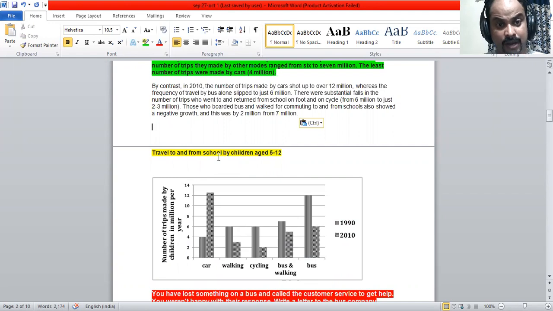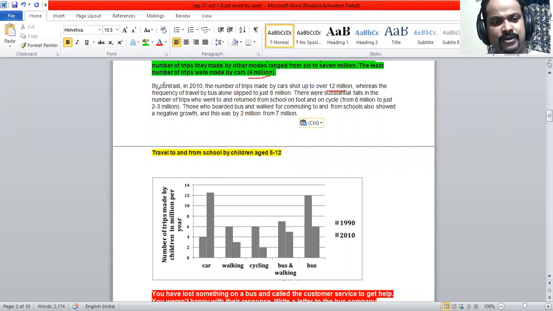So unlike 1990, in 2010, the number of trips made by cars shot up to over 12 million. In the previous sentence, we have said where it is going from, from 4 million to 12 million.